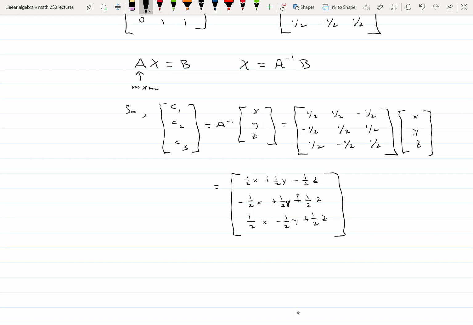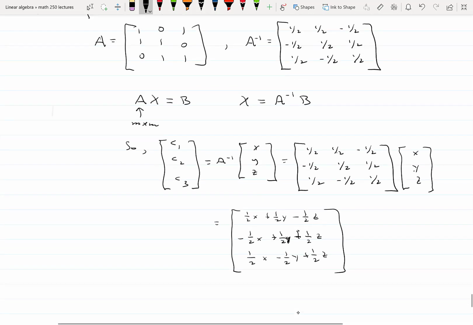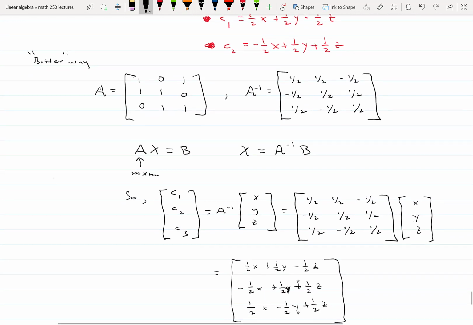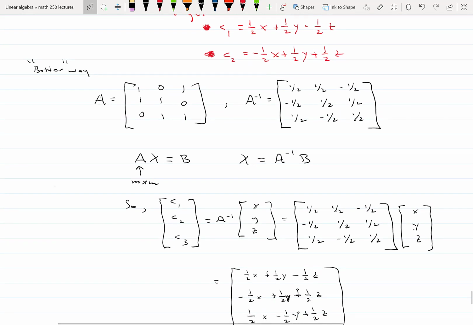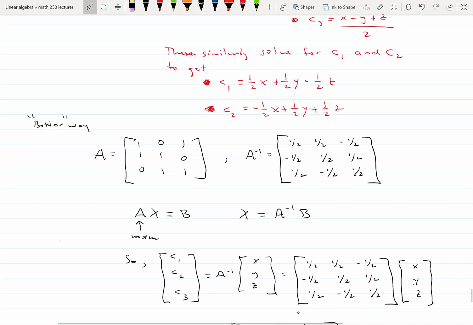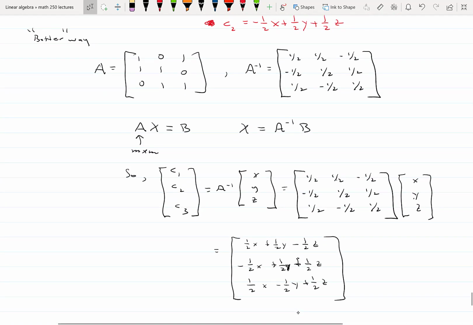The whole idea with matrices is to be able to use our technology to get things done. A quick look to make sure I did this right. They look exactly right: X minus Y plus Z over 2 for C3. Yeah, okay, very cool.